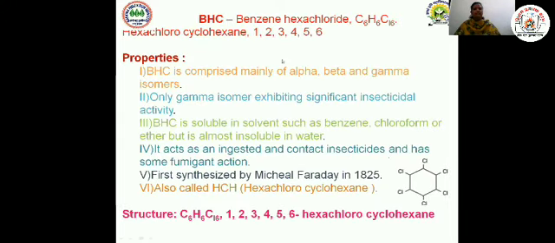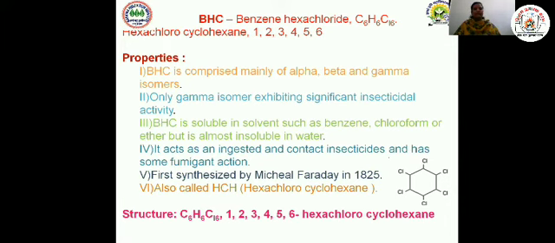Next is BHC, benzene hexachloride, C6H6Cl6, hexachlorocyclohexane. That is, at carbons 1, 2, 3, 4, 5, 6, chlorine is present. BHC is comprised mainly of alpha, beta, and gamma isomers. Then only the gamma isomer exhibits significant insecticidal activity.